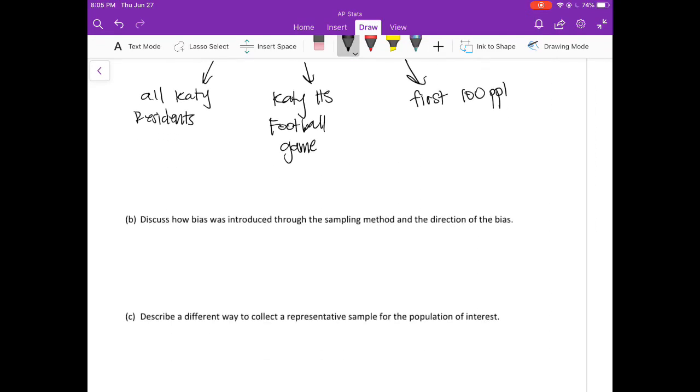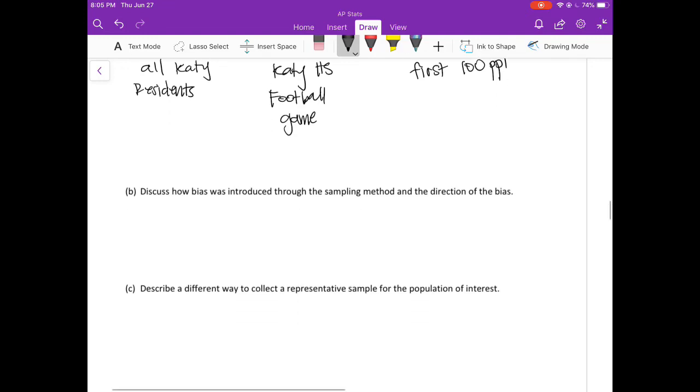Part B says discuss how bias was introduced through the sampling method and the direction of the bias.